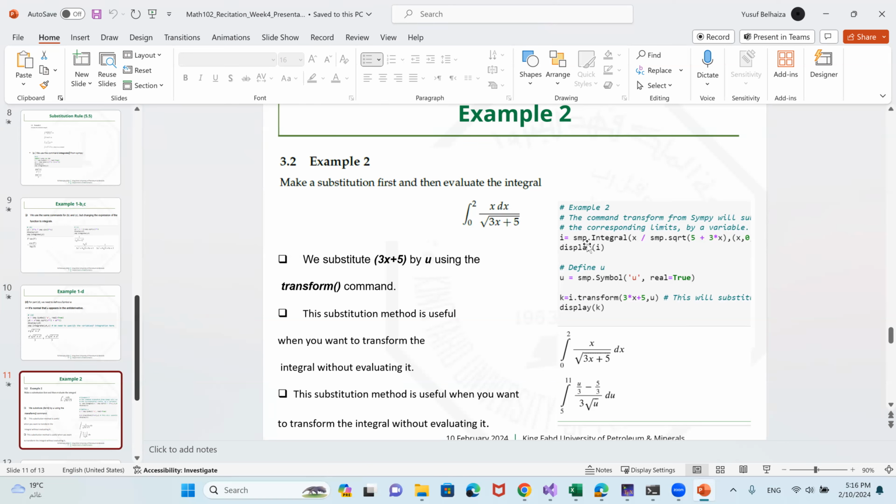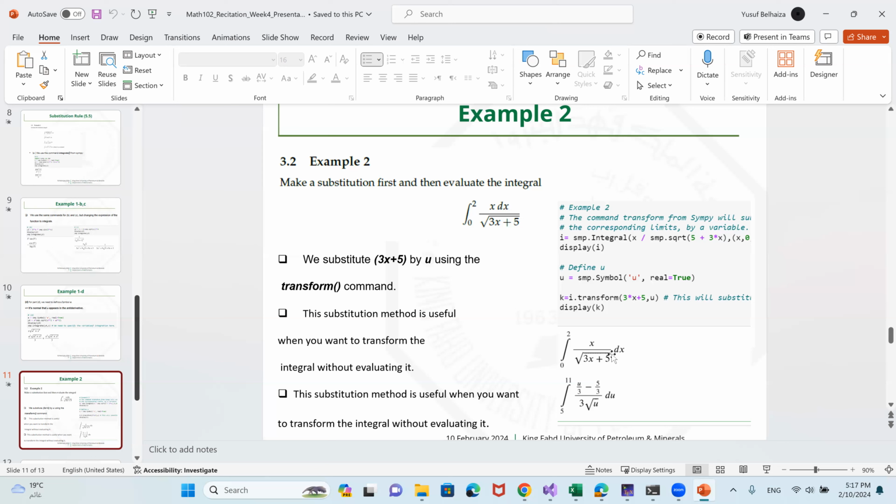We define the integral. That's a new command, Integral with capital I, where the function is directly there. The second part of the syntax of the Integral command is the interval of integration. So that's I. To be able to do the substitution, we'll define k, which is the new integral that transforms I, the first integral, using this substitution, which makes 3x plus 5 equal to u.